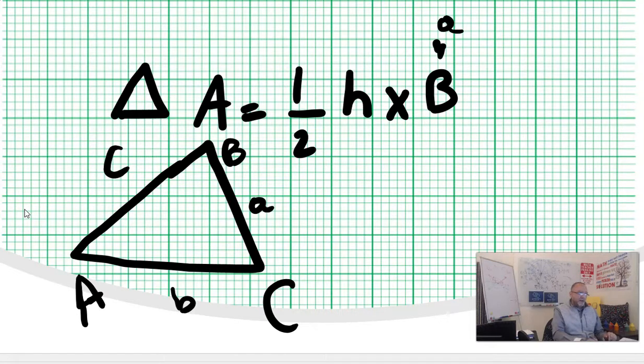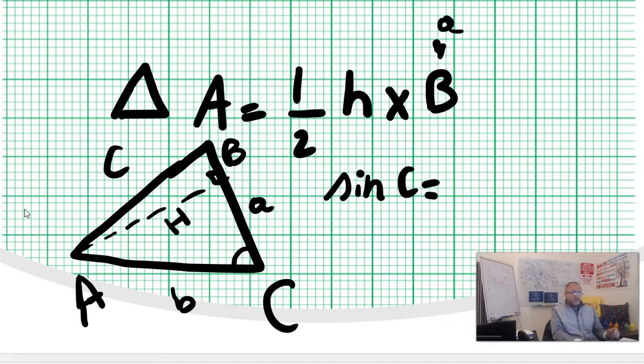How do I find the height? I draw a perpendicular from this vertex onto the base, and call it h, height. Now what's the sine of C? Sine of C equals opposite, which in this situation is h, divided by the hypotenuse of this triangle here, small b.